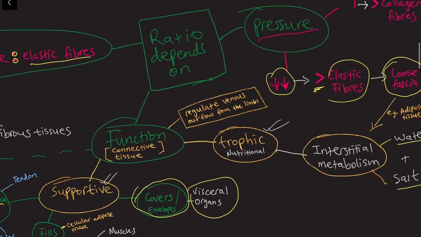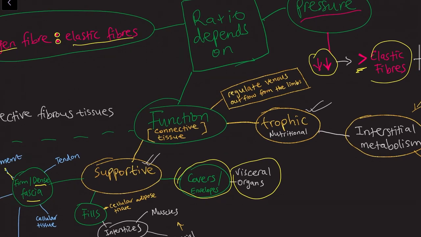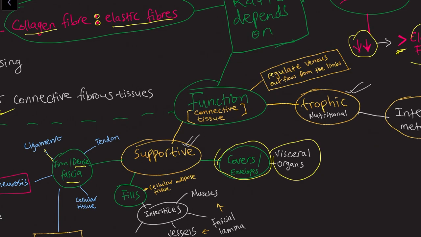Now, the ratio also depends on function. And what are the different functions of the fascia? Regulating blood flow in the veins from the limbs to the heart. The trophic function, which is the nutritional function, as well as the supportive function, right?